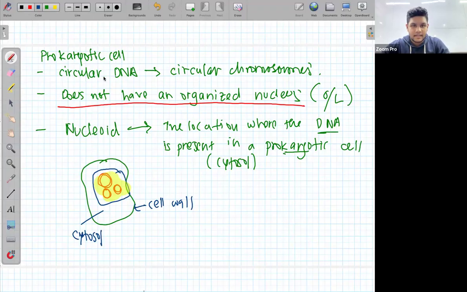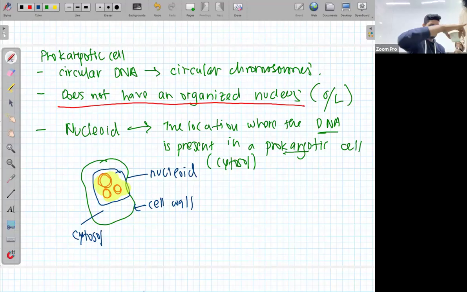What is that? That is the thing they are trying to say is the nucleoid. Nothing complex. They are saying that in the cytosol of a prokaryotic cell is where the DNA is present.